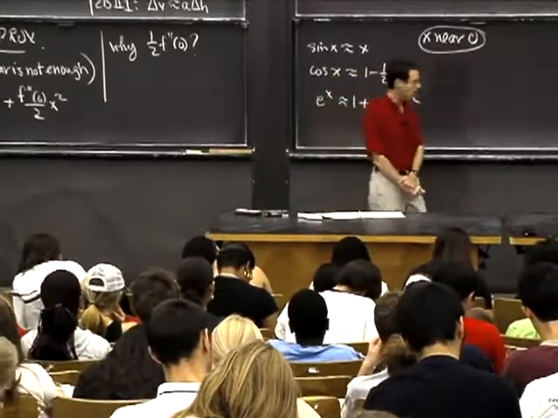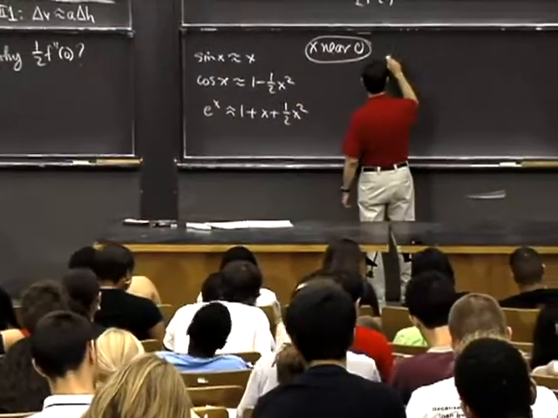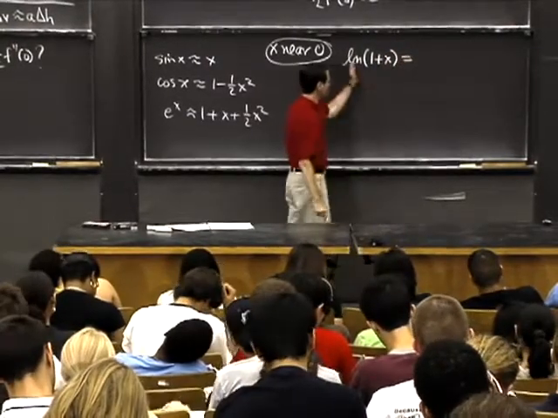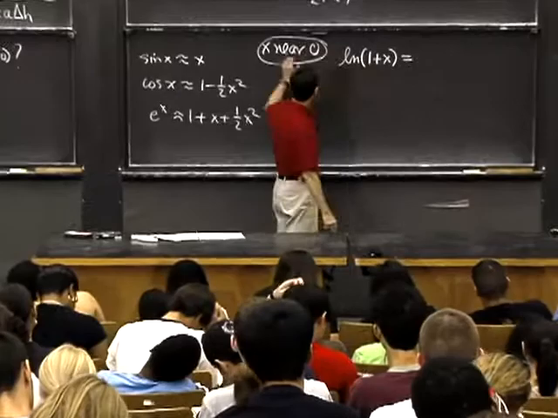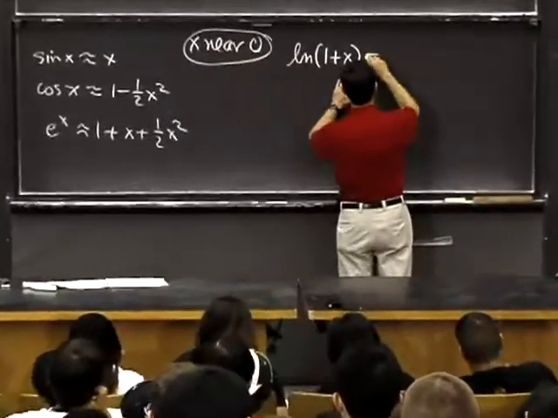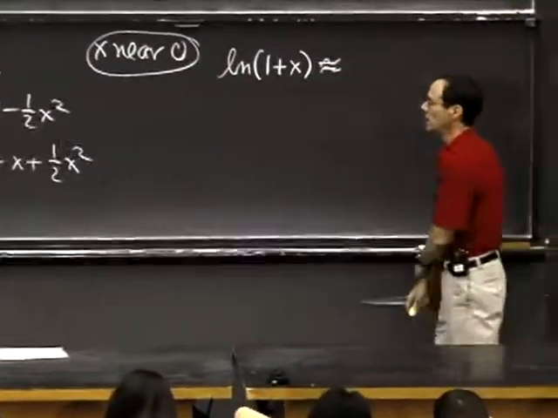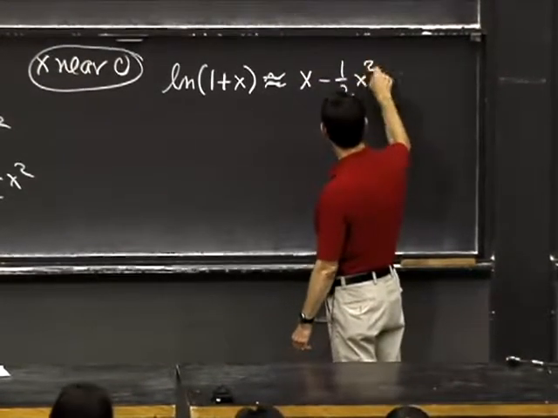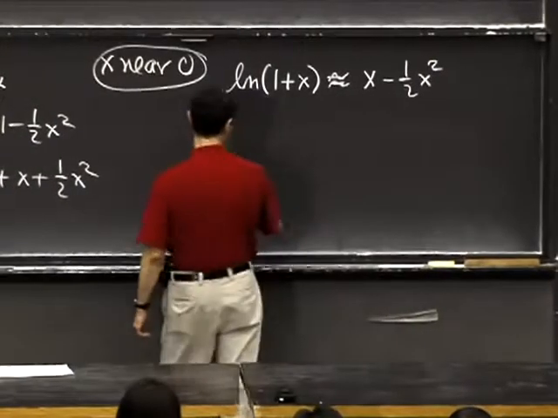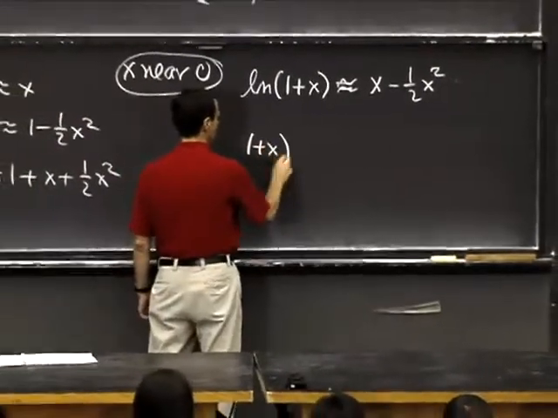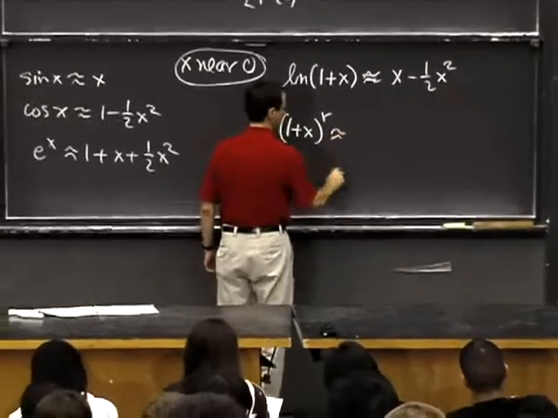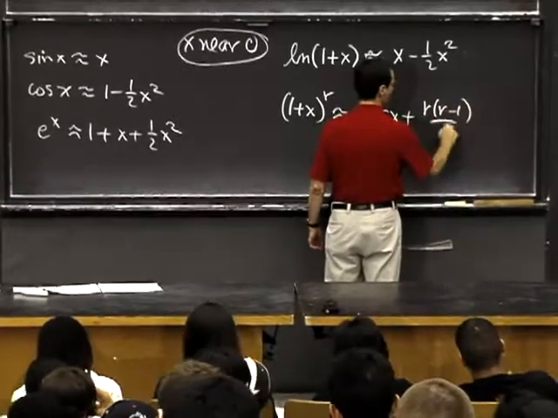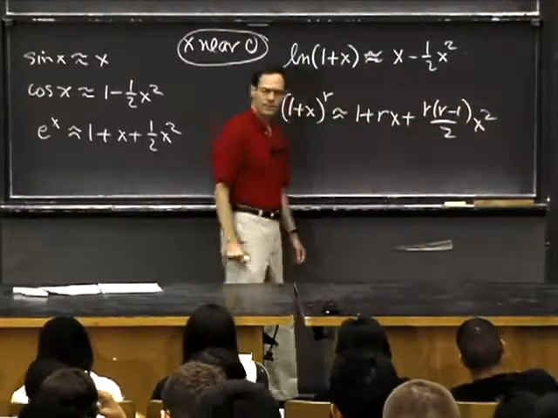Now, the other two approximations that I want to mention are the logarithm, and we use the base point shifted so we can put it at x near 0. And this one, sorry, this is an approximately equals sign there. Turns out to be x minus a half x squared. And the last one is 1 plus x to the power r, which turns out to be 1 plus rx plus r times r minus 1 divided by 2 x squared.